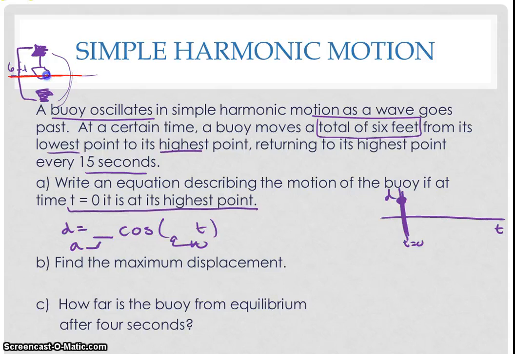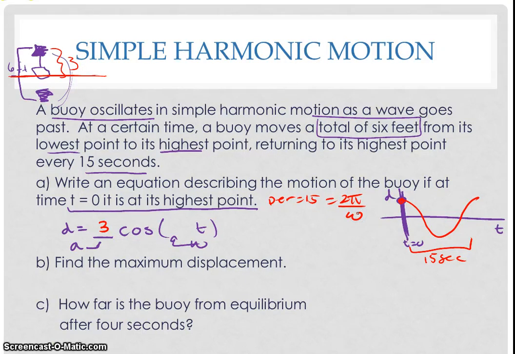So if we have our equilibrium up here, and it moves a total of 6 feet from its lowest point to its maximum point, from equilibrium to its maximum, it's 3 feet, which tells me that my a value is 3. And it's a positive 3 since it was starting at the positive value. It says it takes 15 seconds for it to get this distance, so the period is 15 seconds, which is 2 pi over b, but we're using the letter omega.